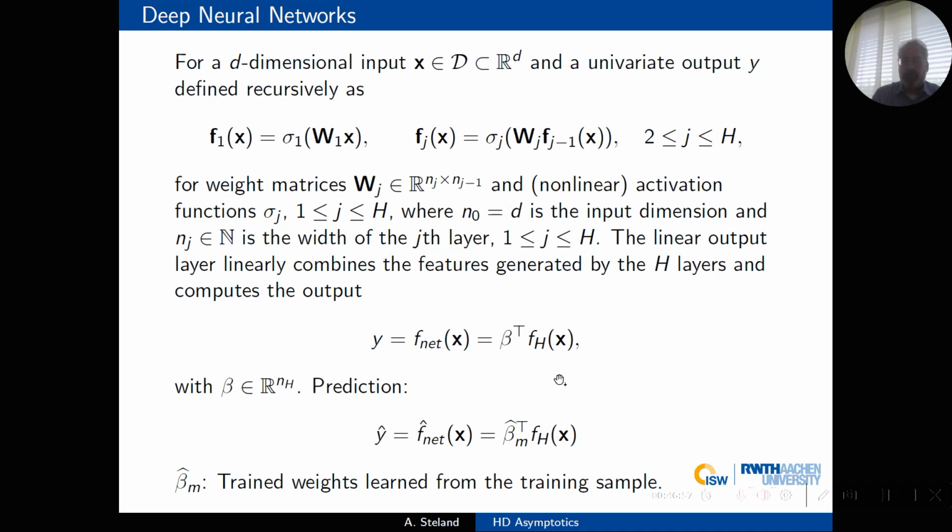So our prediction, which we then use, is given by beta_m hat prime f_h(x), and beta_m hat are the trained weights learned from the training vectors, the trained weights of the output layer, of course.